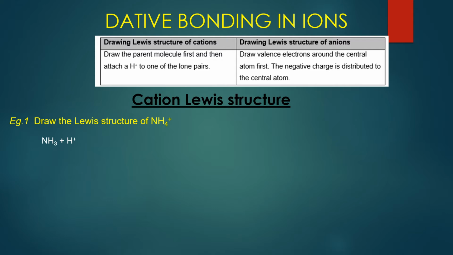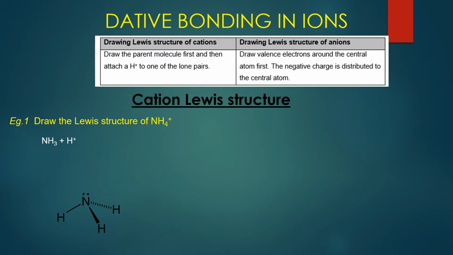So the first thing we will do is draw the parent molecule, which is ammonia. The Lewis structure of ammonia has a trigonal pyramidal shape, where you can see that the nitrogen is carrying a lone pair of electrons. Now, because there is an H plus coming and attaching itself to the ammonia molecule, that H plus is an empty orbital.